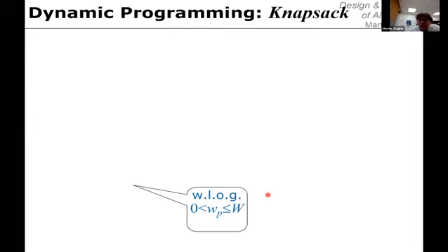Nothing is lost by including a packet with weight 0. It can only improve our solution, the total value of the packets.